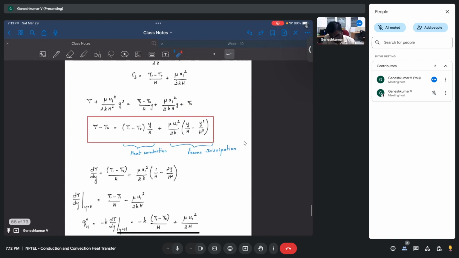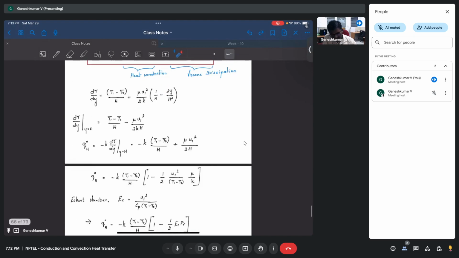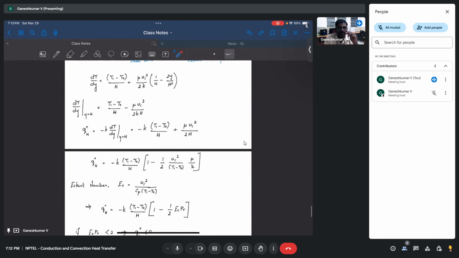Okay. So now we want to find out what the heat flux is, right? At the end of the day, we are interested in heat flux. If you want to know the heat flux, it's nothing but minus k dT by dx at the wall. Here it is dT by dy because the wall is horizontal and you want the temperature gradient perpendicular to it, so it's dT by dy at the wall.